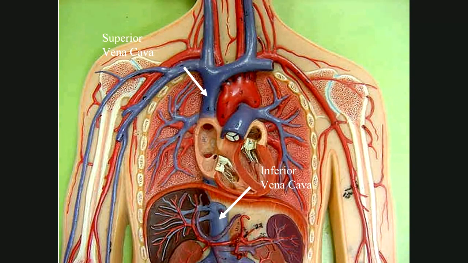We said that they had these brachiocephalics. They're going to merge into this. This is the superior vena cava. So the superior vena cava is going to drain the head and the arms on both sides. And then we have this one, which is the inferior vena cava, and that's going to drain the abdomen and the legs.